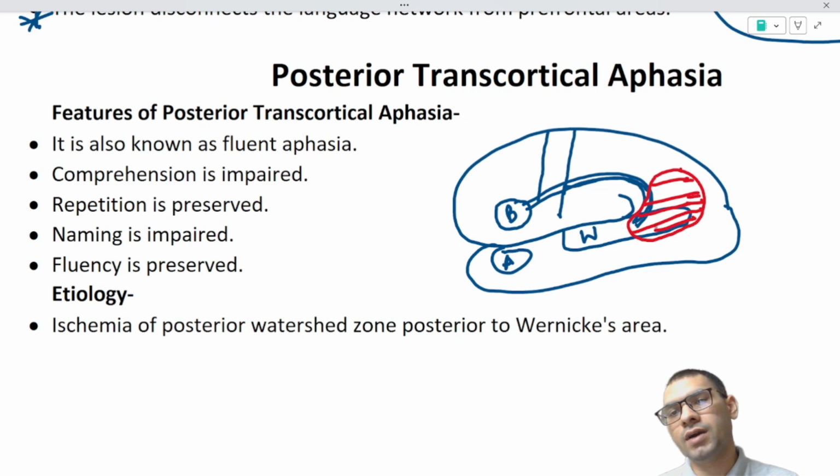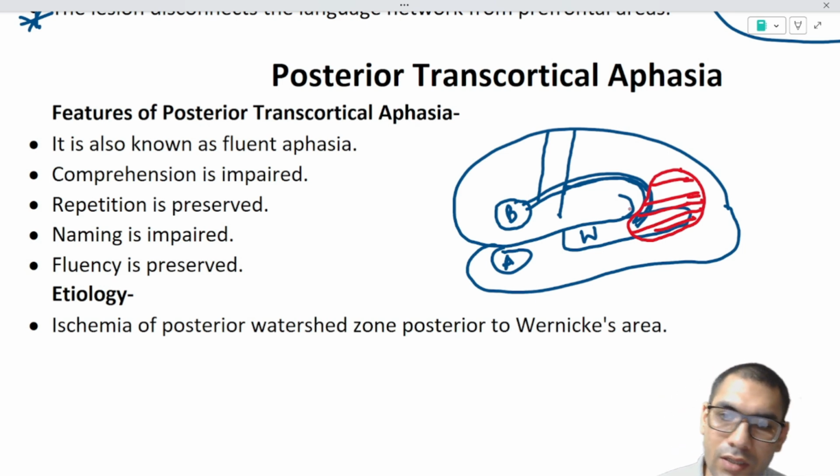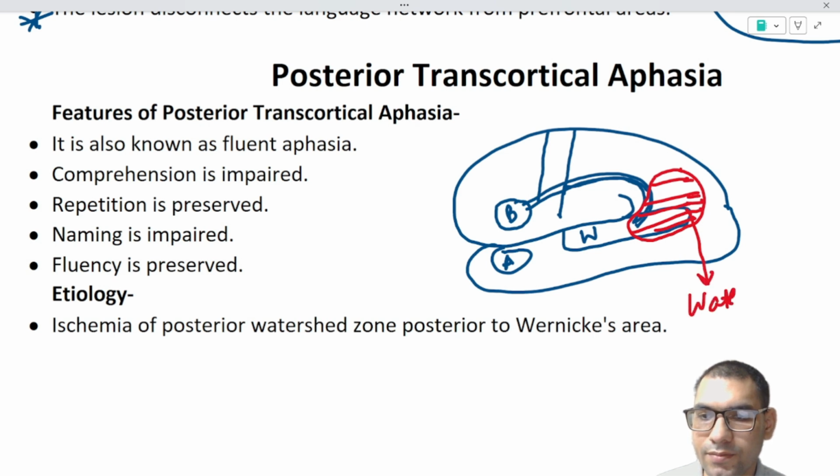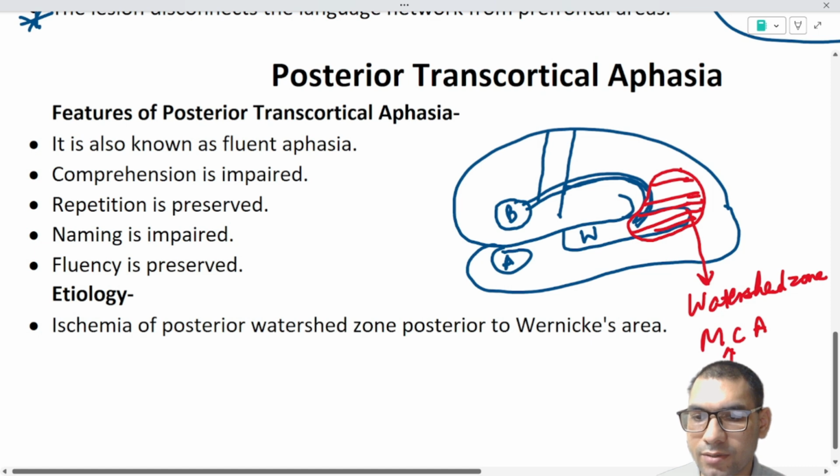This is the part of the cerebral hemisphere which is basically the watershed zone, between the territories of the middle cerebral artery and posterior cerebral artery.